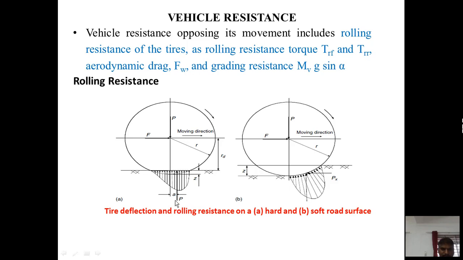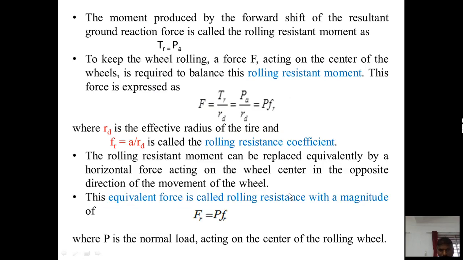Rolling resistance, here the force at the center of the point is F and the point P moving at a direction, and here you are having the distance between the surface and the center of the wheel is nothing but R suffix D. Here two diagrams represent. The A represents the deflection and rolling resistance on a hard surface, and the diagram B represents the deflection and the rolling resistance on a soft rolled surface.